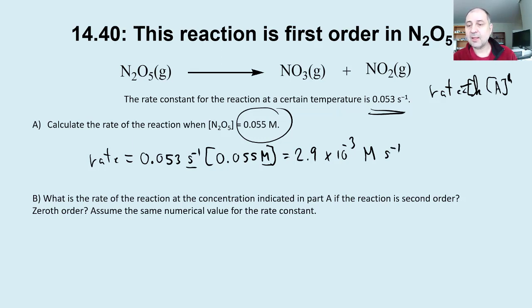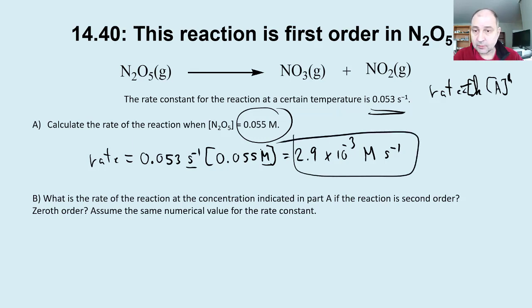It's a rate. It's something that's consumed per second or over time. So molarity per second is our rate. So that would be the rate at that concentration. So that part's pretty easy.